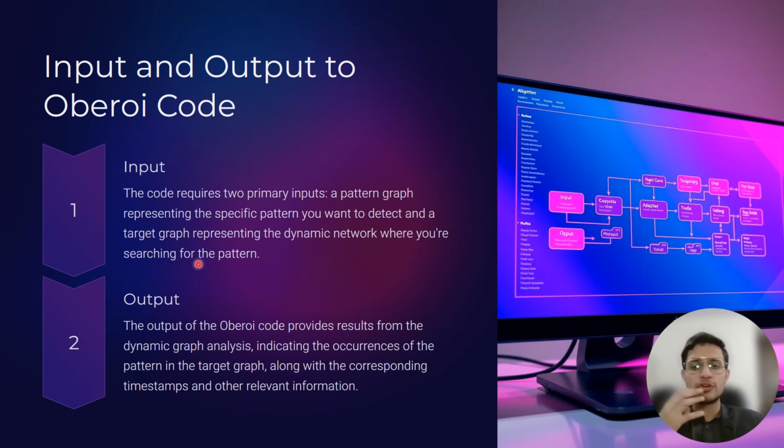After all those computations, the algorithm produces the result as the occurrences of the pattern in the target graph along with the corresponding timestamps and other relevant information. So it gives everything to you in the result.